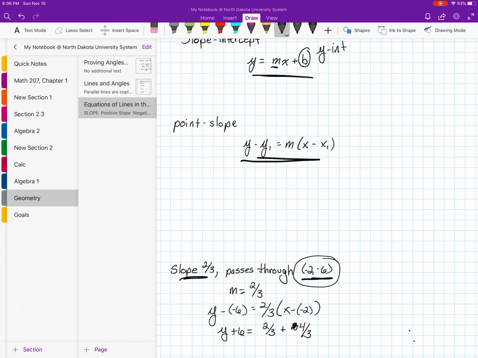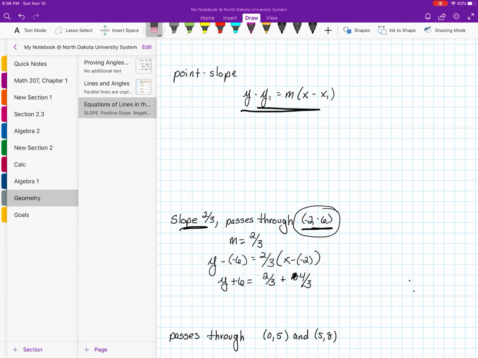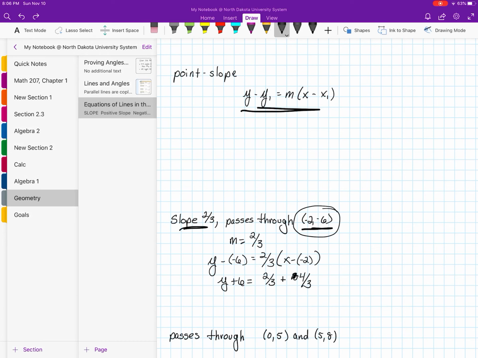Now what if we wanted to write that in slope-intercept form? We could do that, right? With what we have right here, all we would have to do is rewrite this solving for y.